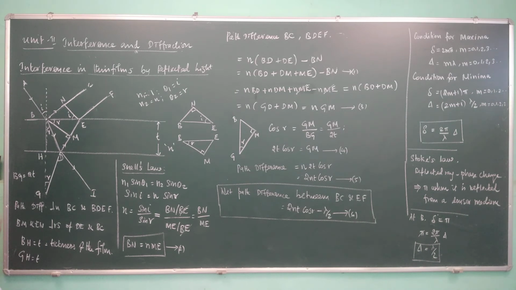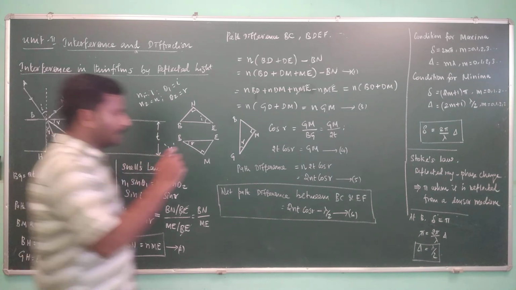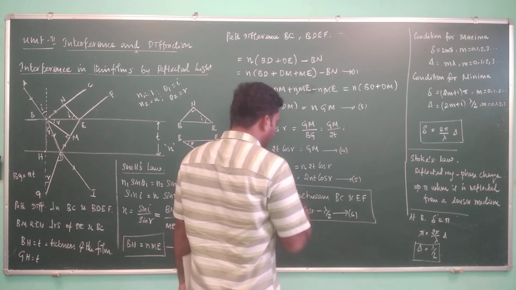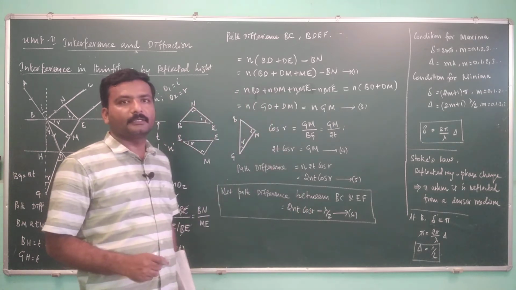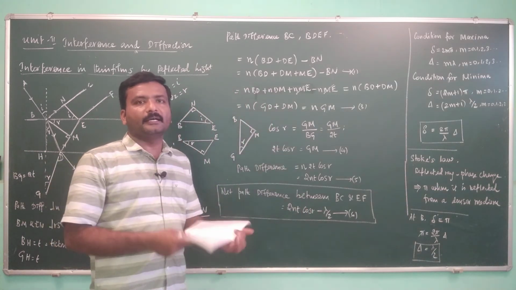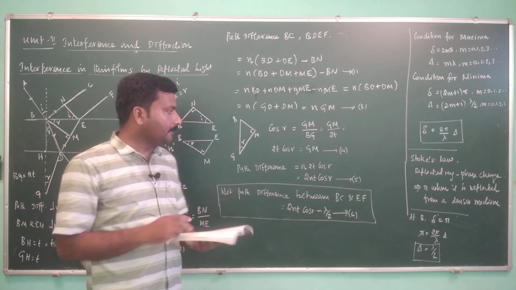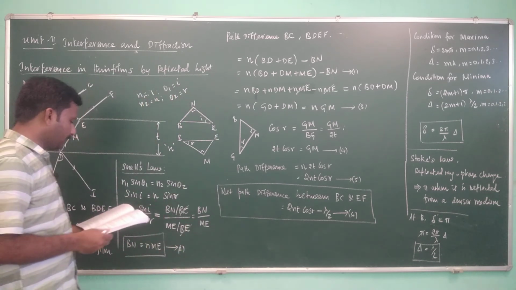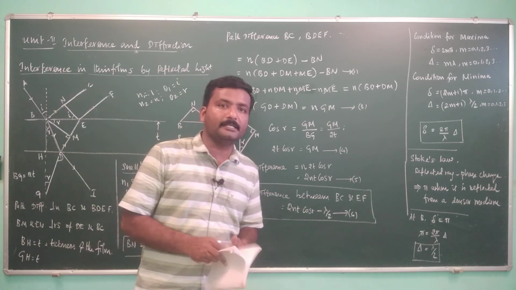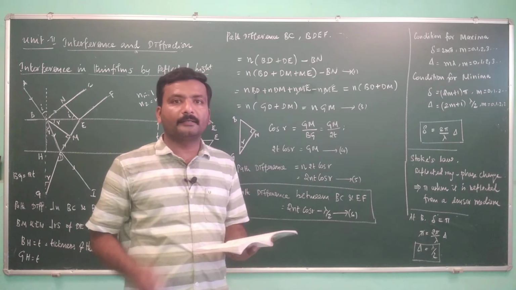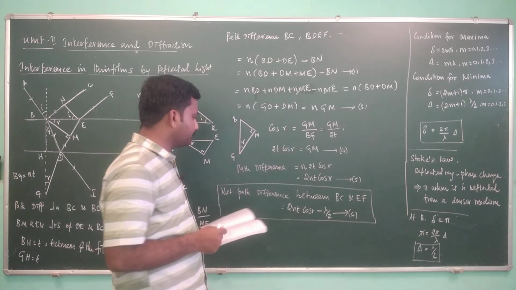Fine. Now, under which condition will we have maximum intensity, and under which condition will we have minimum intensity? That is, when does the film appear bright and when does it appear dark? That is the question.